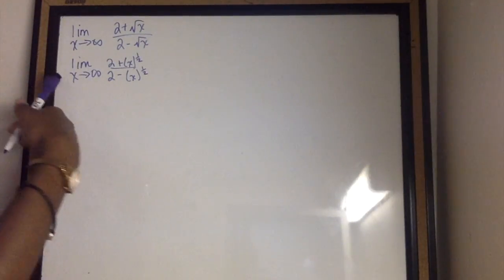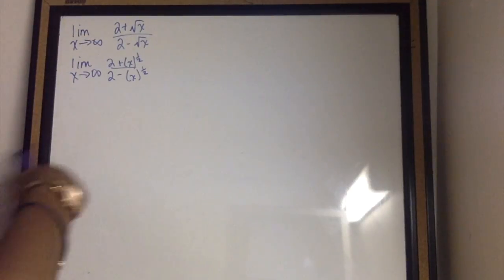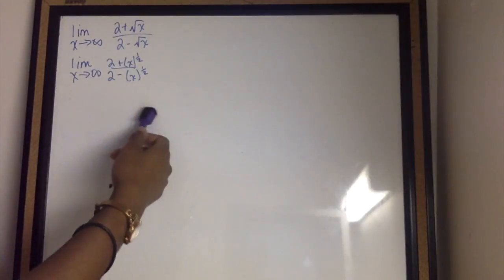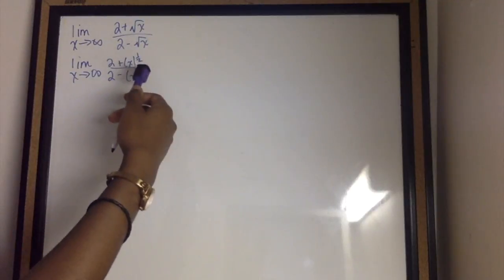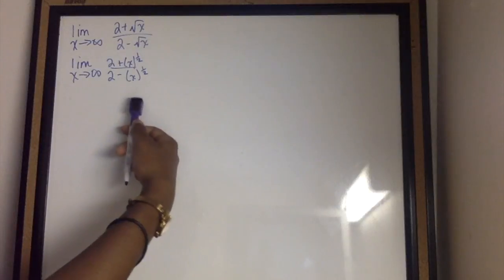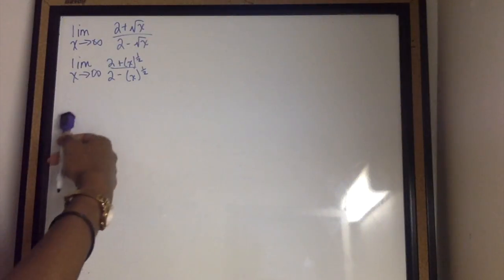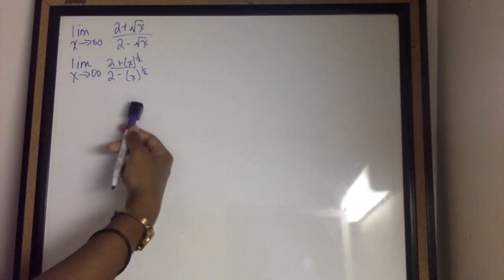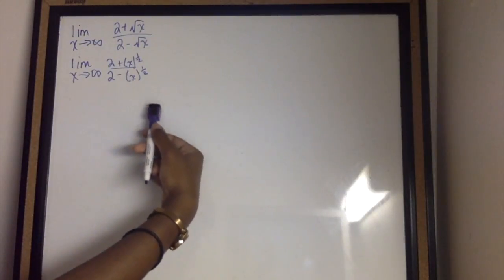Now since x approaches infinity, we can use a specific property of limits. As x approaches infinity, we can look at the degree of the x term. Here, both of the x terms have the same degree, which is the 1/2 power, so the limit is equal to the ratio of the coefficients of the x term with the highest degree.